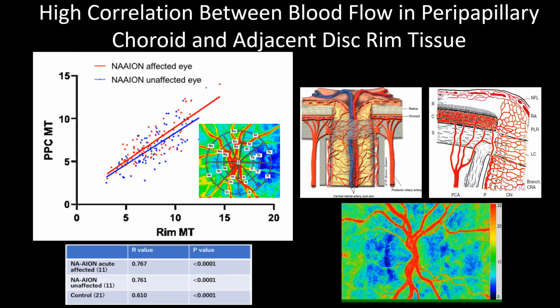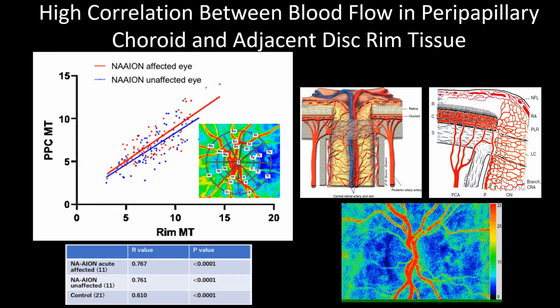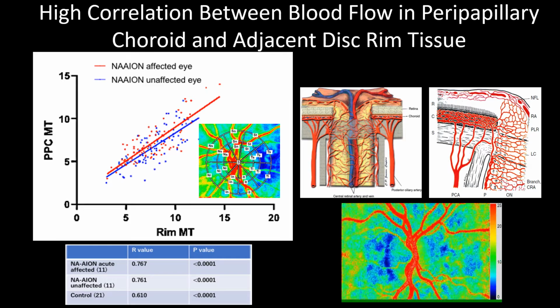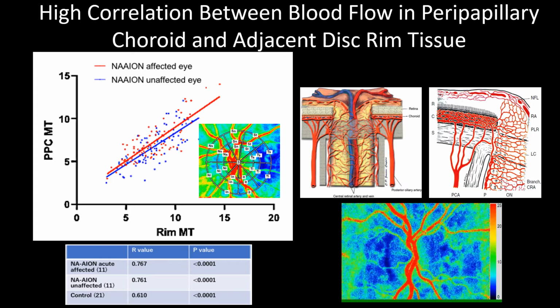This is a graph showing the blood flow in the peripapillary retina and peripapillary choroid compared to the adjacent rim tissue in each of these 8 sectors surrounding the optic nerve head in NAION eyes and the fellow unaffected eye.